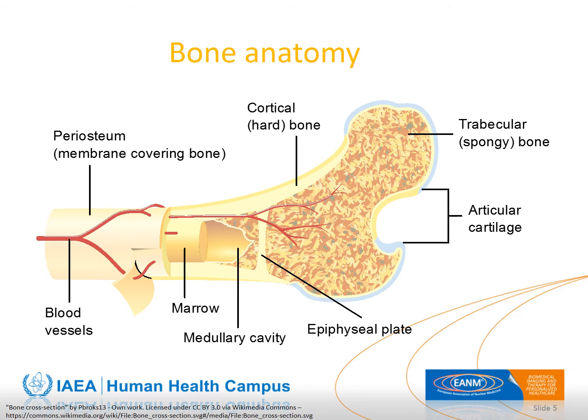This slide shows the major anatomical hallmarks of long bones. The outside of the bone consists of a layer of connective tissue called the periosteum. Additionally, the outer shell of the long bone is compact bone, followed by a deeper layer of cancellous bone, also known as spongy bone, which contains the red bone marrow.